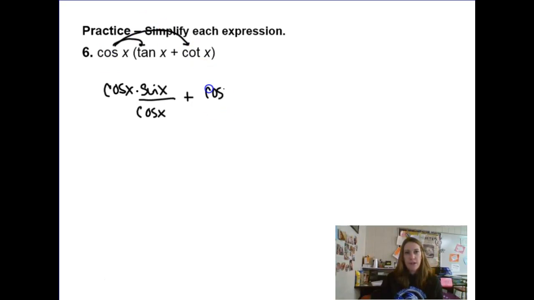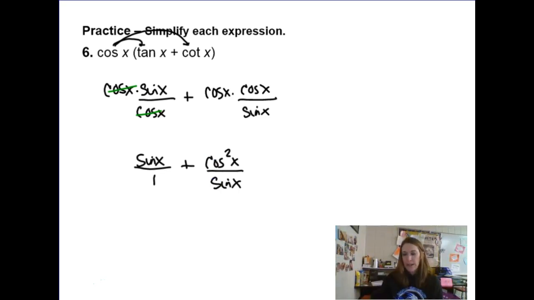So this is cosine x times cotangent is cosine over sine. So in this fraction, the cosines cancel. In this fraction, they don't. So I have sine x over 1 plus cosine squared x over sine x.